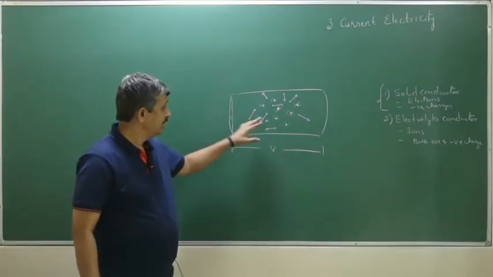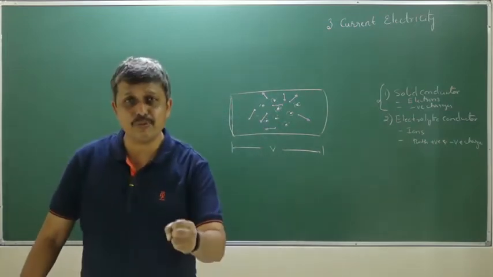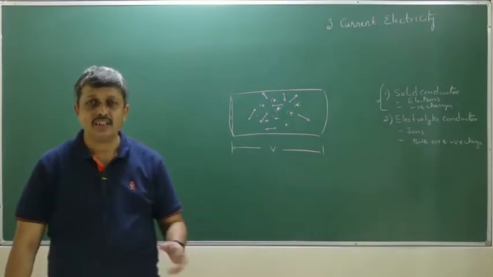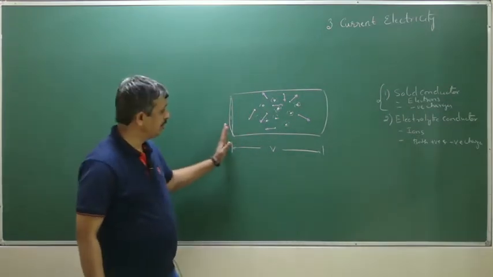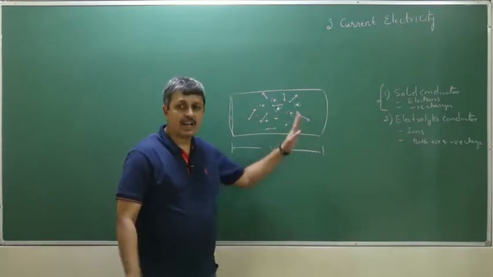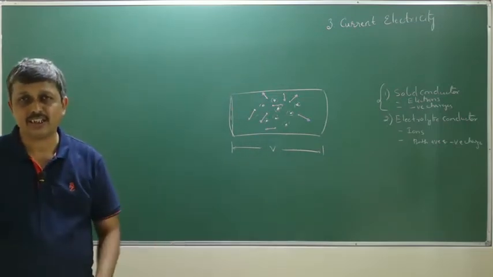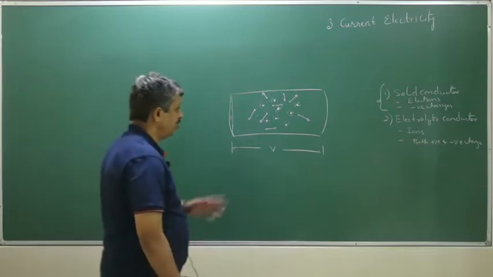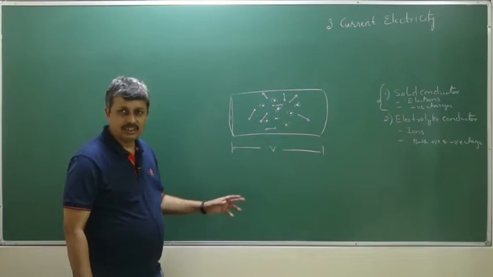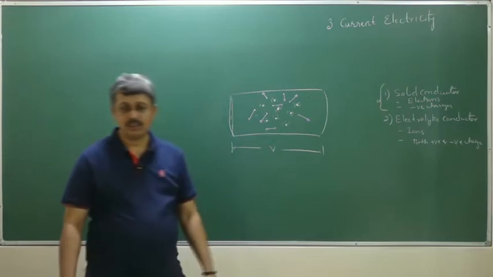Though these are all moving in random directions, if you take the average movement of them, it is 0 when there is no V. When there is V, the average changes, and hence they start moving in one direction, while on average they still move randomly. They move in one direction with what we call a drift velocity. We'll discuss the drift velocity later. It keeps going on one side.